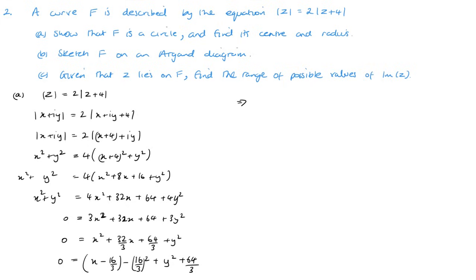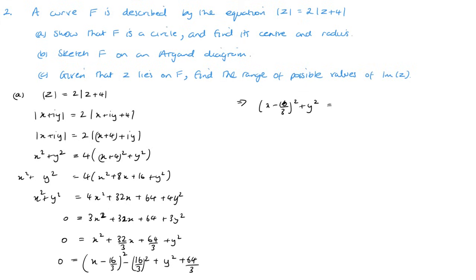Now (16/3)² is 256/9. Obviously minus that, and then add in the 64/3, we get minus 64/9.